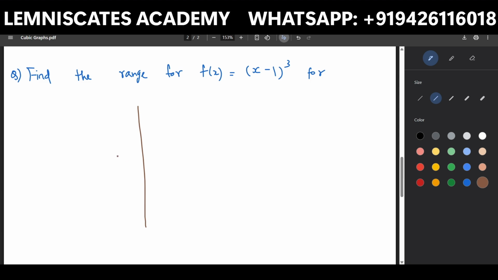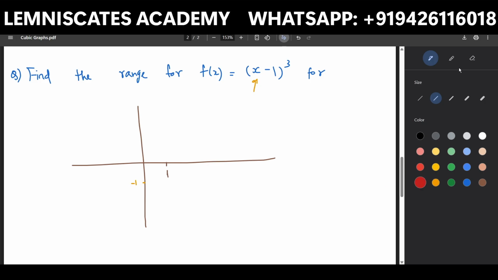So my x-intercept is 1 in this case. What is my y-intercept? My y-intercept is when x is equal to 0. Minus 1 cube is minus 1, so of course minus 1 has to be my y-intercept.